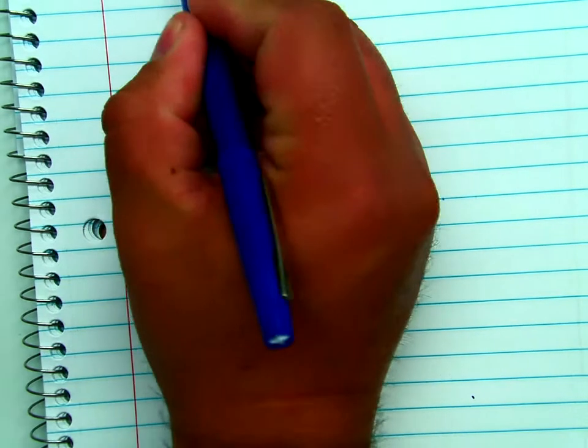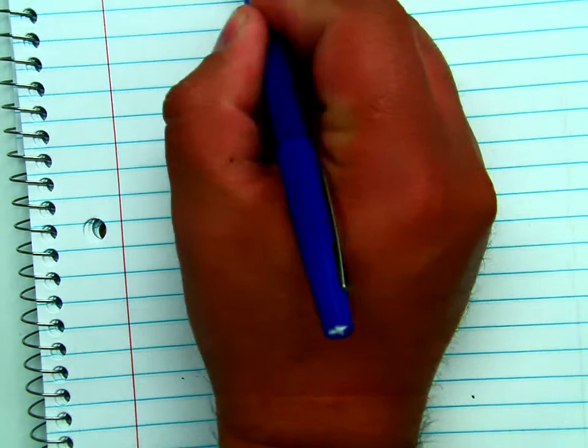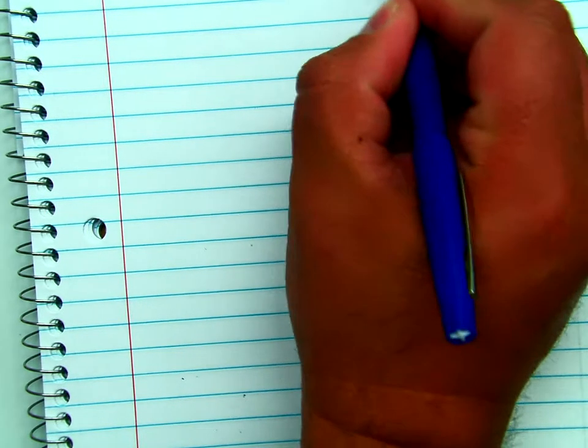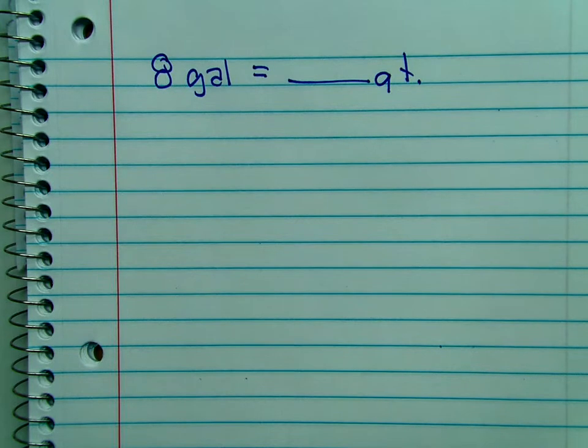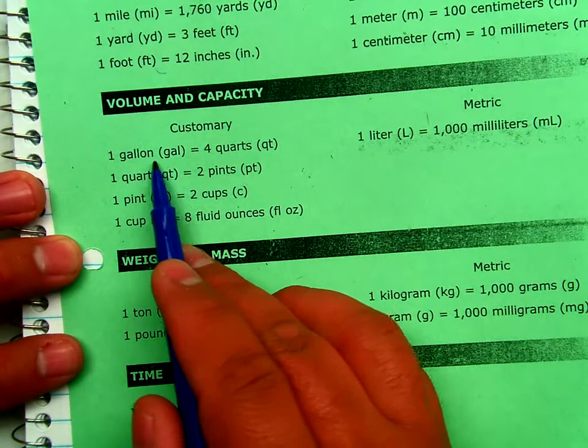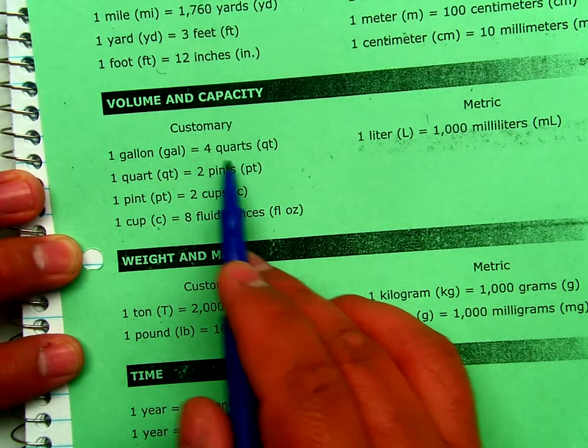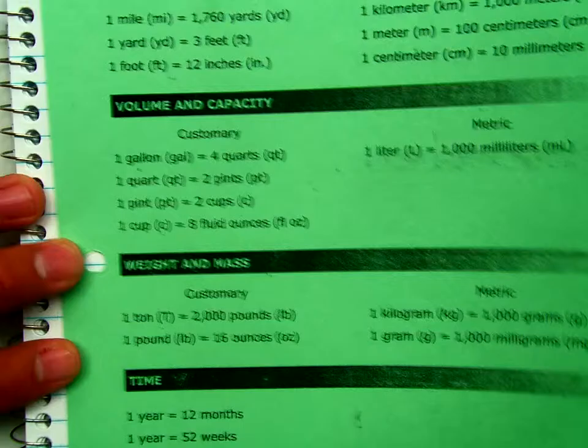Now let's look at one with capacity. And let's do 8 gallons equals how many quarts? Whoa. 8 gallons equals how many quarts? Looking at capacity, I see that gallons are bigger than quarts, so I'm going from bigger to smaller.